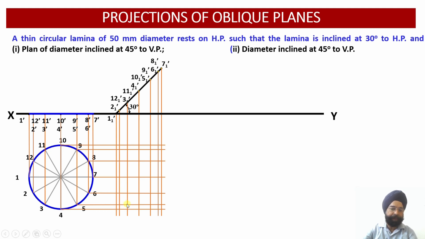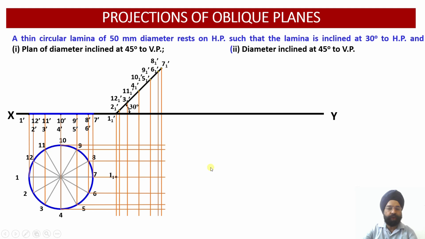Similarly, point 3 will be projected here, point 4 will be projected here, point 5 will be projected here, point 6 1 will be projected here, point 7 1 will be projected here, point 8 1, 9 1, 10 1, 11 1 and 12 1, all these points will be projected here.